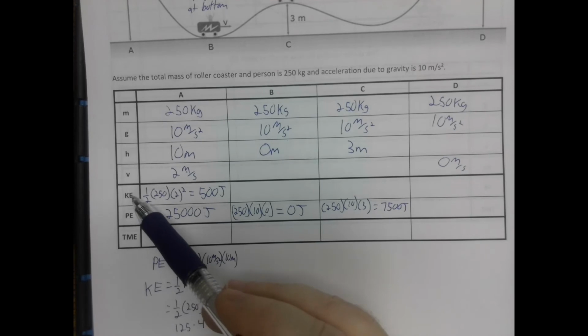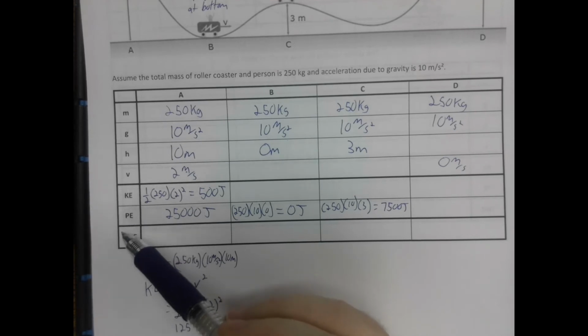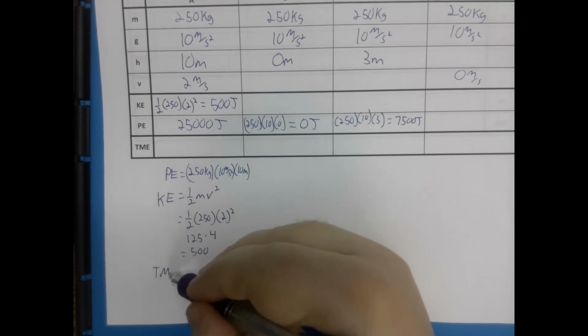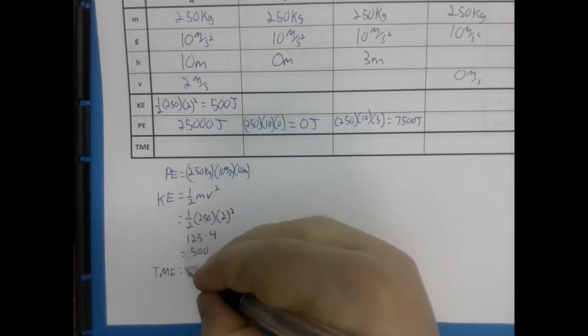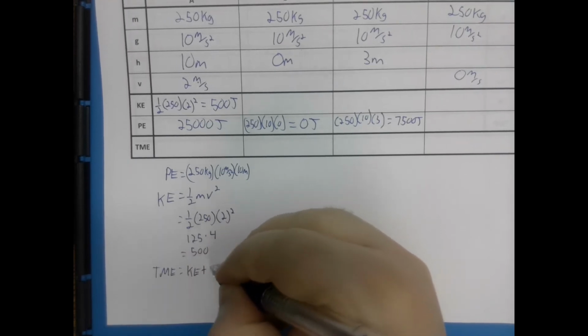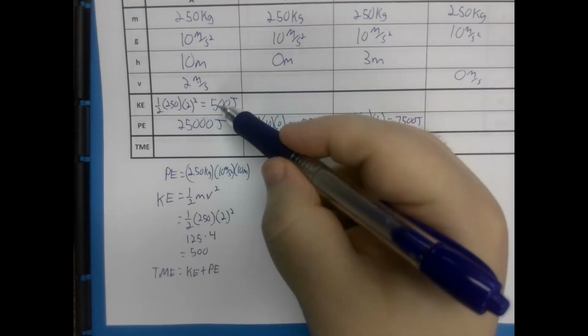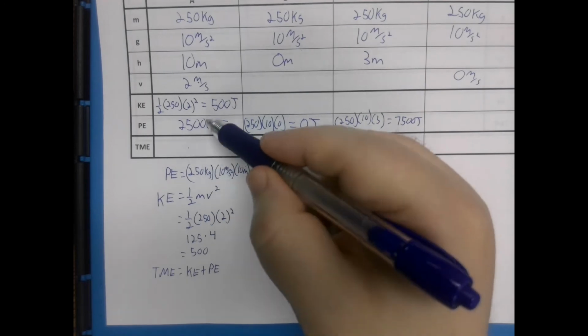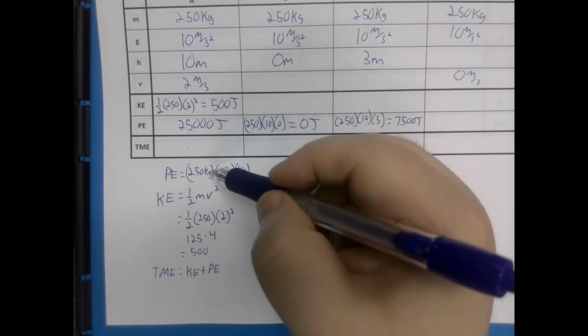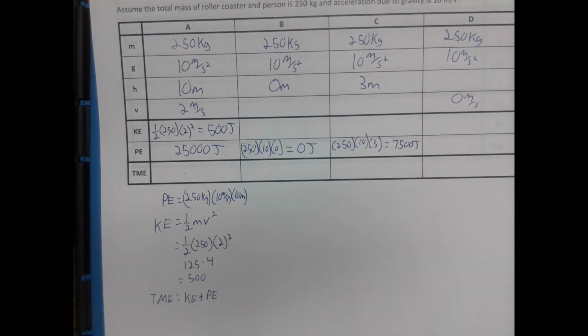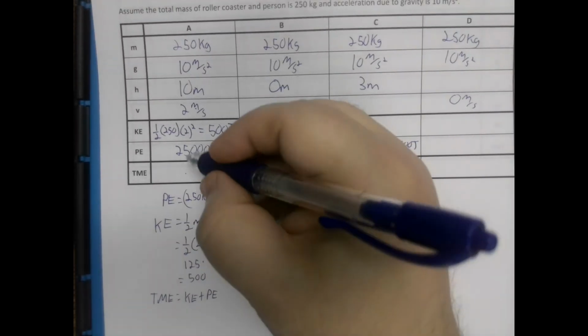Anytime you know kinetic energy and potential energy, total mechanical energy is equal to kinetic energy plus potential energy. So we know that this total is going to be just these two added together. So what is 25,000 plus 500?